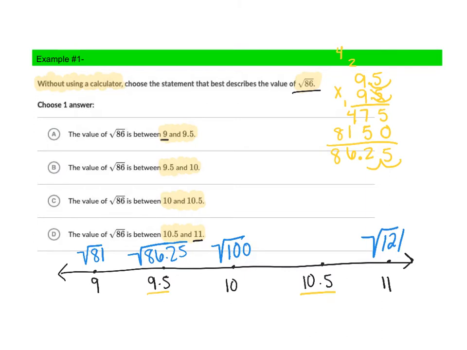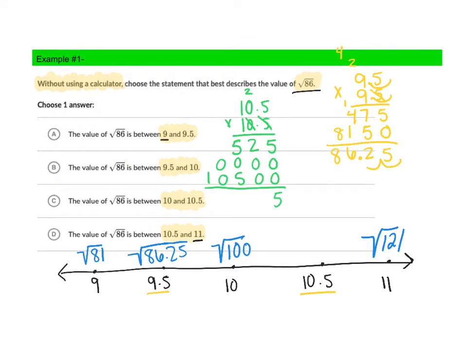I want to find what 10.5 squared is. So 10.5 times 10.5. Well, 5 times 5 is 25. Carry my 2. 5 times nothing is nothing plus 2, 2, and 5 times 1 is 5. Done with that 5. Cross it off. Placeholder. 0 times everything is 0. Done with that 0. 2 placeholders now. 1 times 5 is 5. 1 times 0 is 0. 1 times 1 is 1.